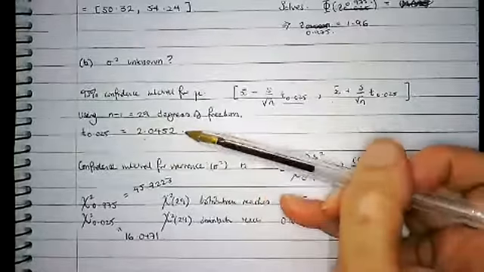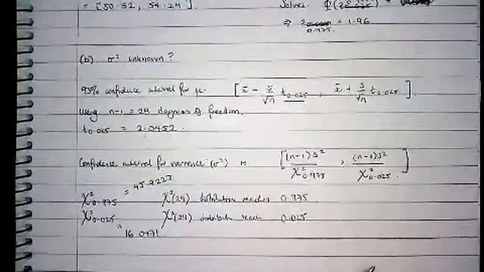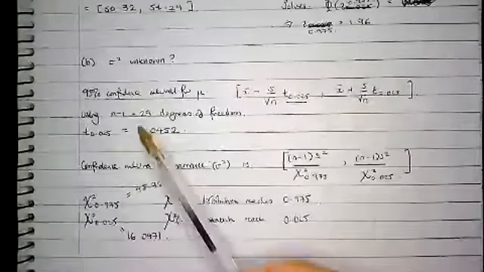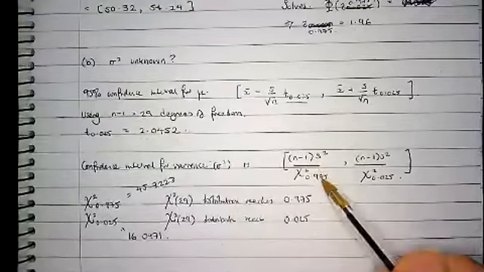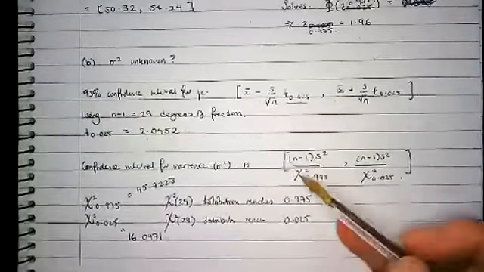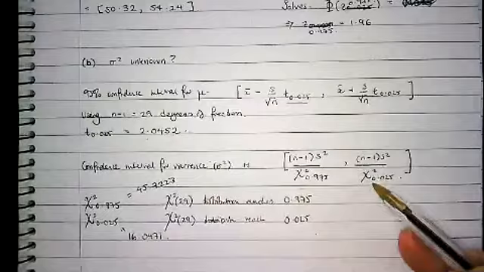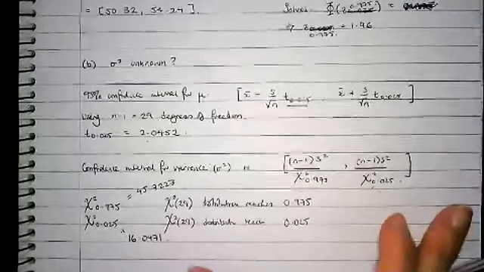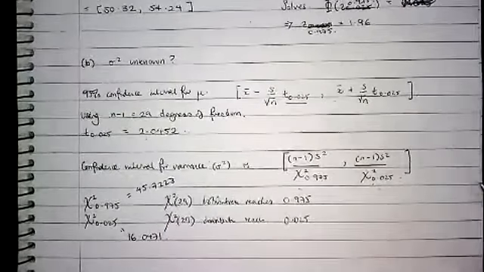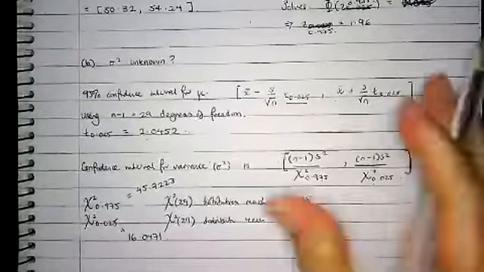And again, we've looked those up in the table. But we also, in this case, need a confidence interval for the variance. The confidence interval for the variance relates to the chi-squared distribution, and we need to be really careful there that we look up those two values separately, because it's not a symmetric distribution. Okay, so that's just stressing where the main differences are.